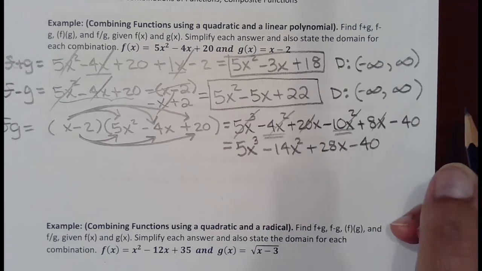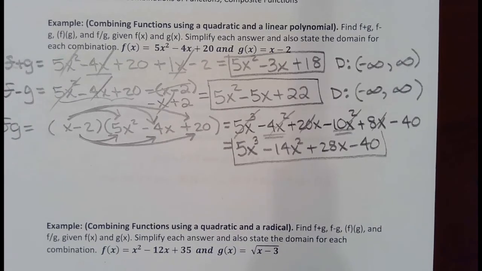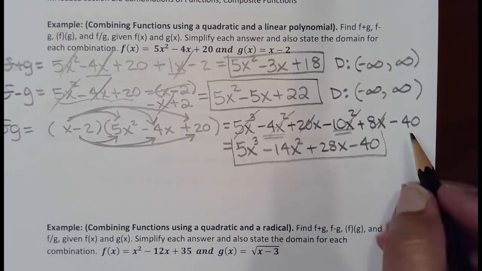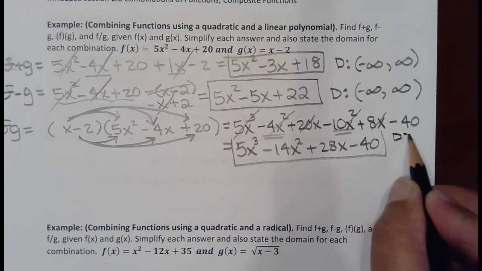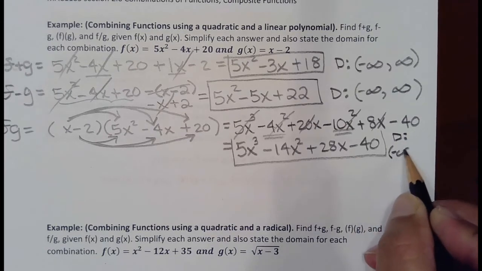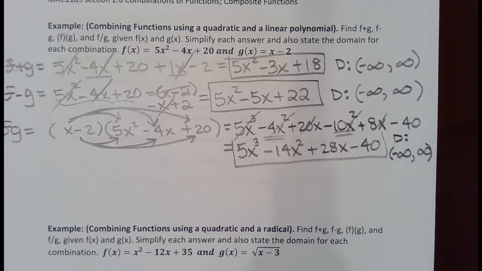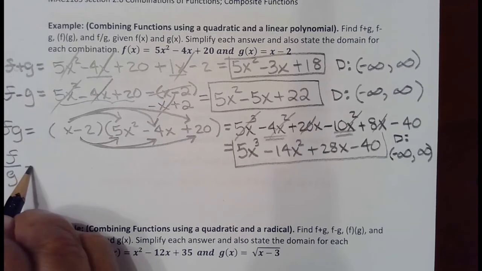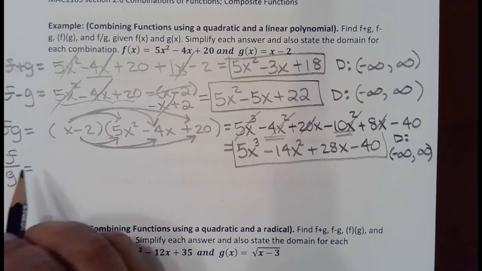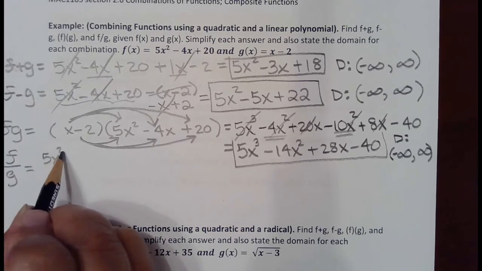Okay, moving on to the quotient. In the quotient, you're going to put the f of x function on the top, which is the 5x squared minus 4x plus 20, over the g of x function. The g of x function becomes the denominator. Now, I would tell you to reduce before giving your answer.